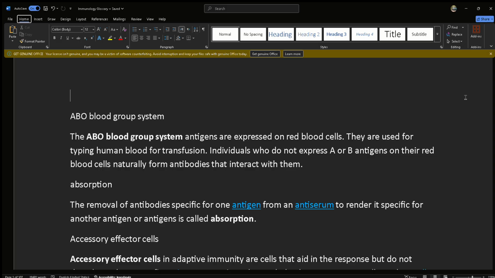Either they will have antigen A or B or both A and B, or no antigen.